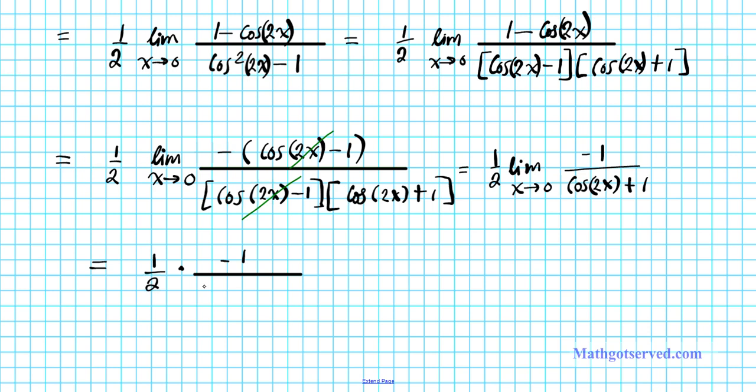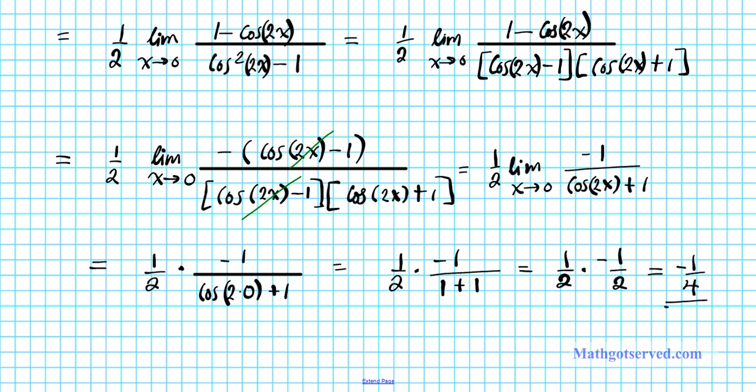So we have cosine of 2 times 0, plus 1. That becomes 1/2 times negative 1 over cosine 2 times 0, which is cosine 0, which is 1. So we have 1 plus 1. And then we have 1/2 times negative 1/2. And your final answer is negative 1 over 4. So there goes your limit.